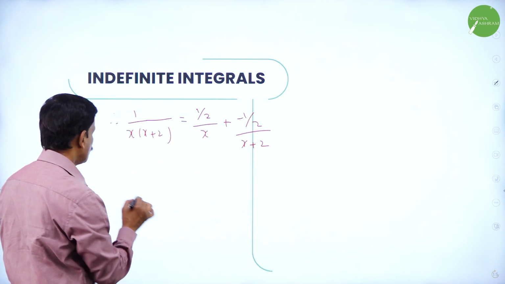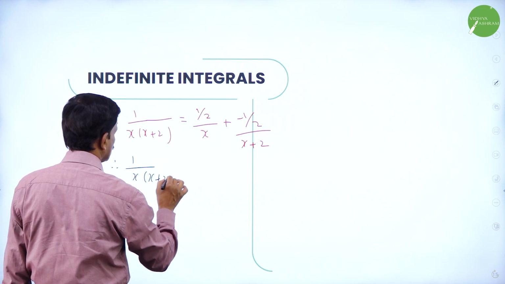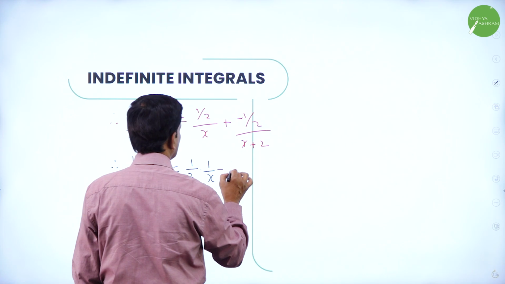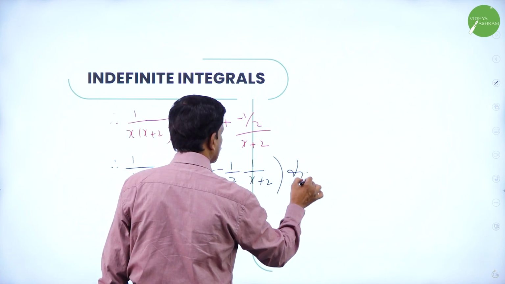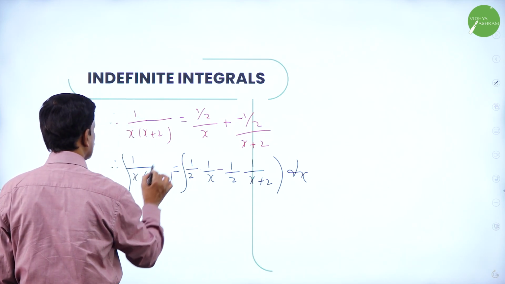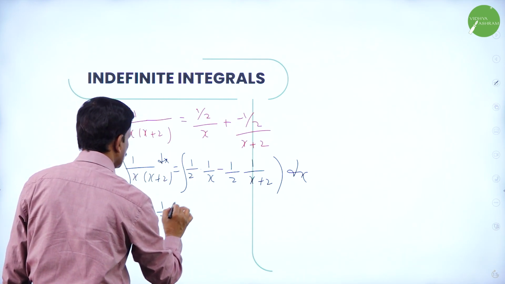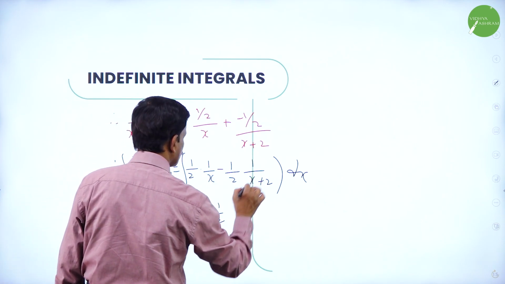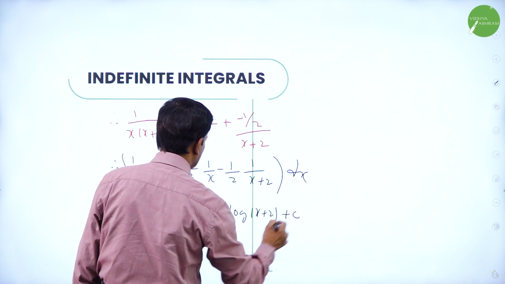Now, therefore, 1 over x into x plus 2 can be written as 1 by 2 into 1 over x minus 1 over 2 into 1 over x plus 2. Now, integrating on both sides. This can be written as 1 by 2 into integration of 1 over x is log x minus 1 over 2 into integration of 1 over x plus 2 is log of x plus 2, plus c.